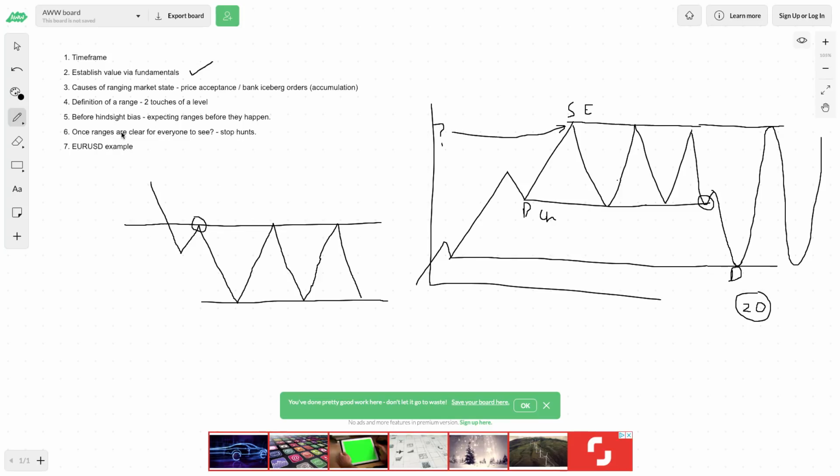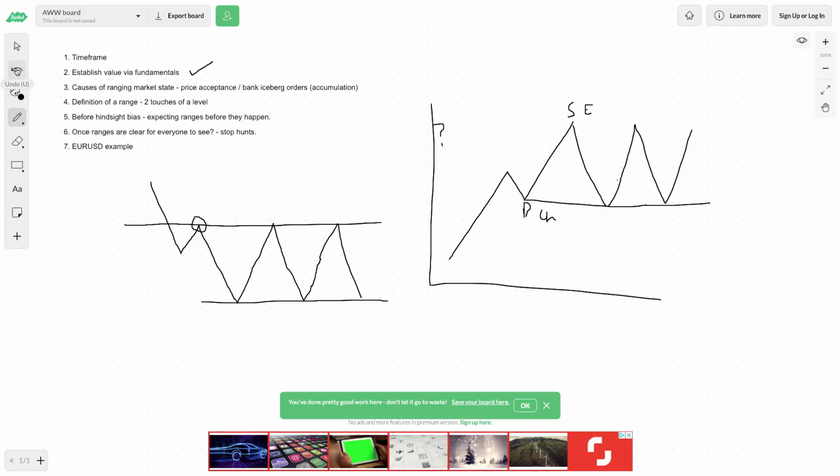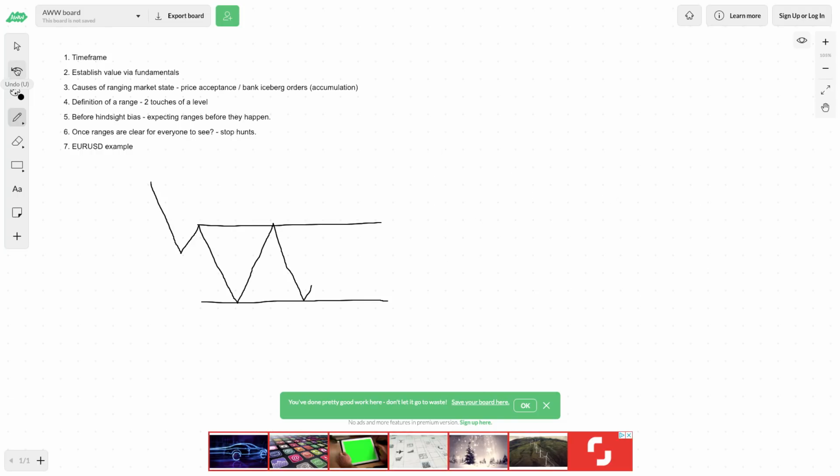So, once ranges, expecting ranges before they happen, I've covered that. And now, once ranges are clear for everyone to see, stop hunts, right? So this comes into maybe the second way and how to really trade ranges effectively.